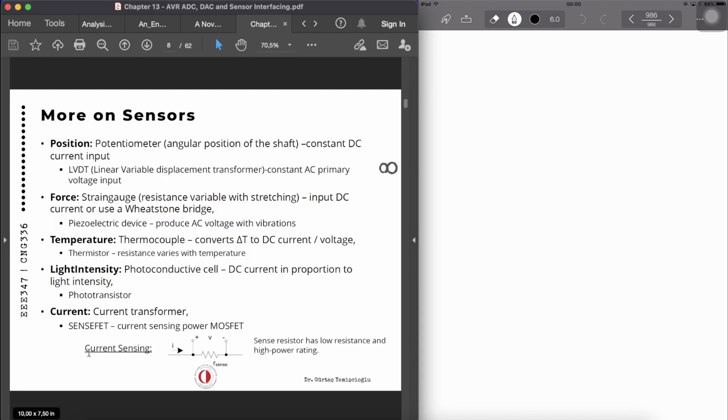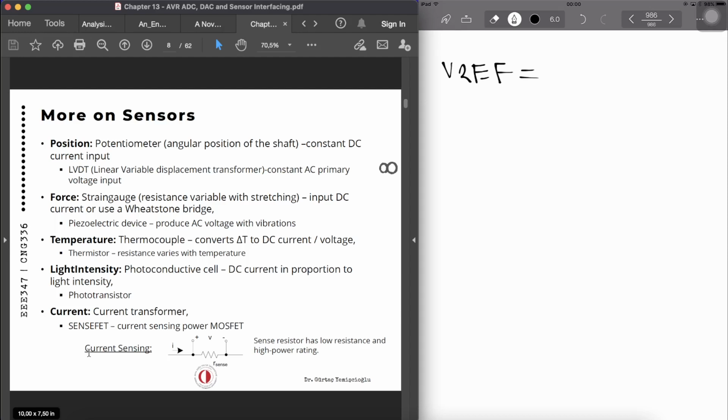VREF is actually the reference voltage. It's an input voltage used for reference, and the voltage connected, along with the resolution of the ADC chip, dictates the step size.